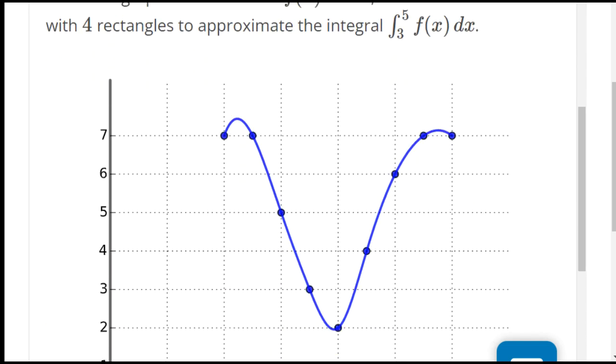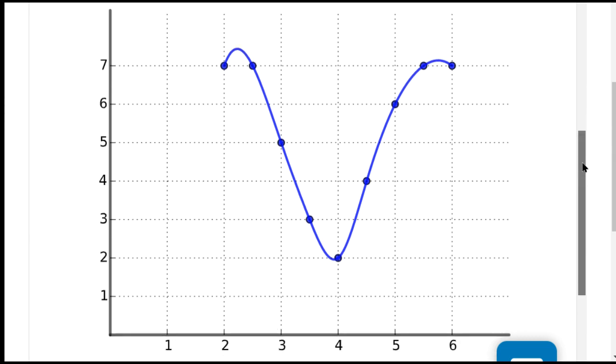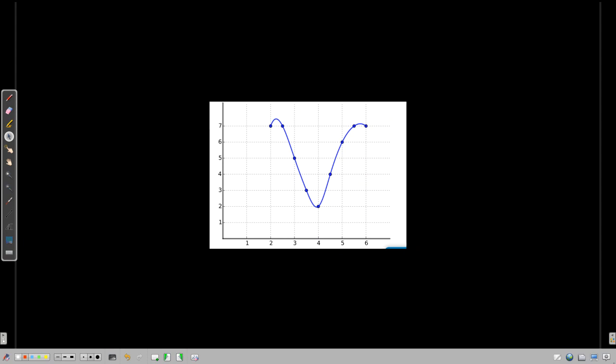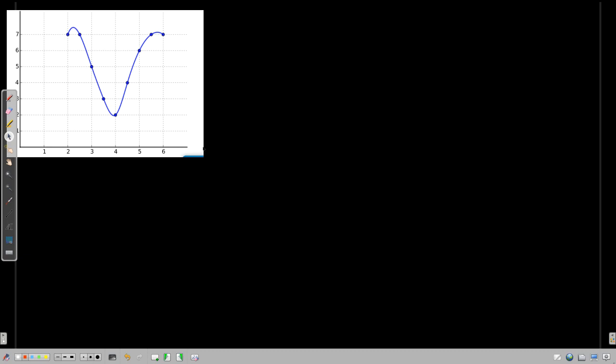Oh boy, another graph. Okay. Let me get a picture of it. There's my function.